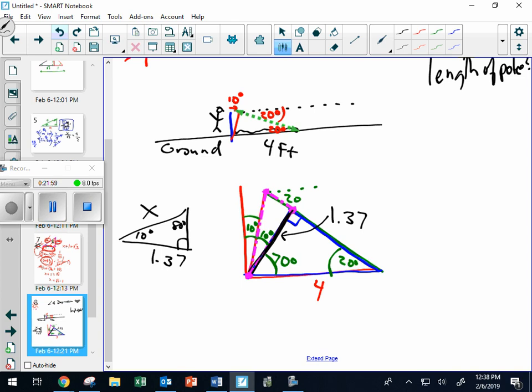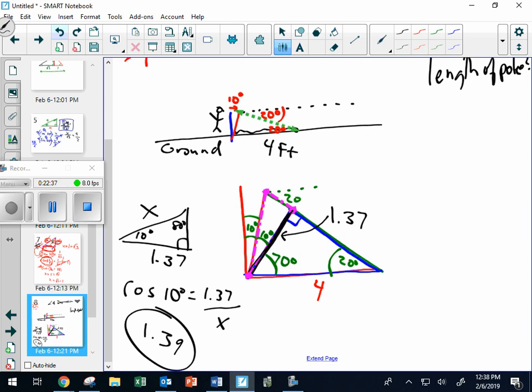So hopefully from there, you could have done cosine of 10 would be 1.37 over x, or you could have done sine of 80 is 1.37 over x, because cosine of 10 and sine of 80 are equal. Anyway, the final answer is 1.37 divided by cosine of 10. And I got 1.39. Raise your hand if you had that. Awesome.